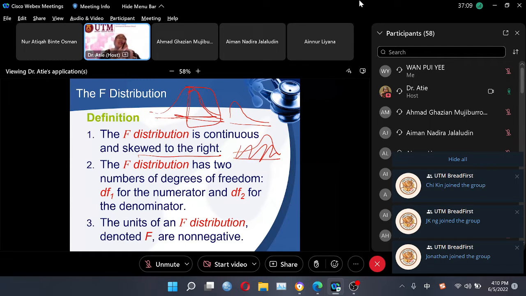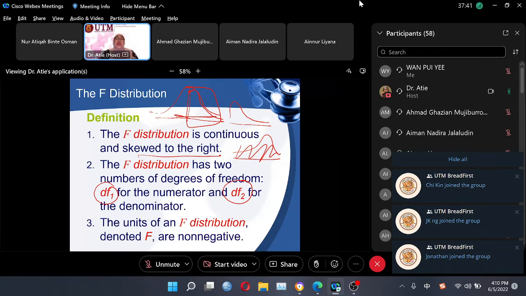For the t-test, we need alpha and also df. But for the F distribution, we have alpha, df1, and df2, where df1 is for the variation within the group, and df2 is for the between-group variation. So we have two types of degrees of freedom.